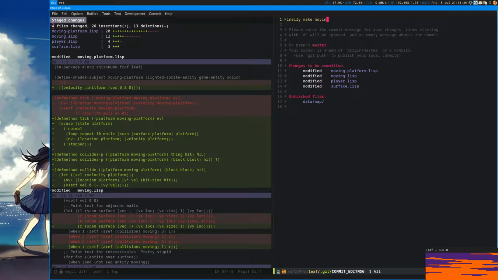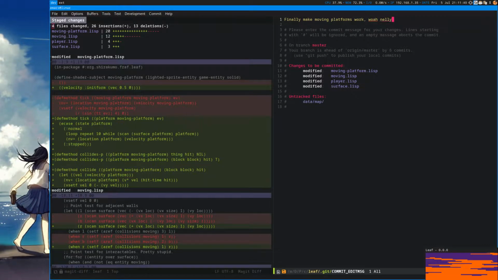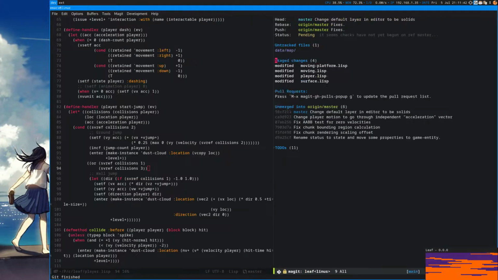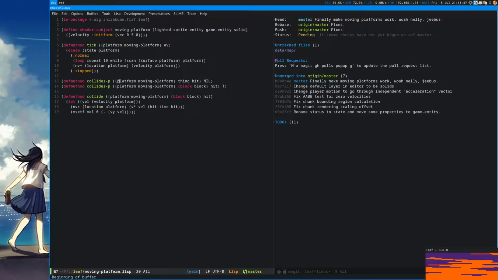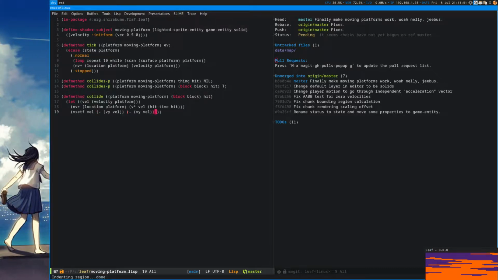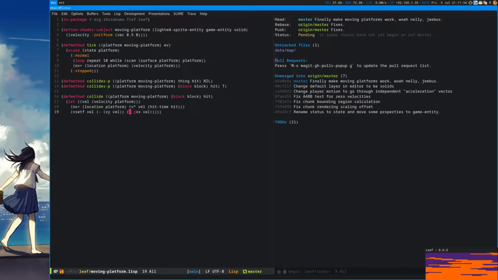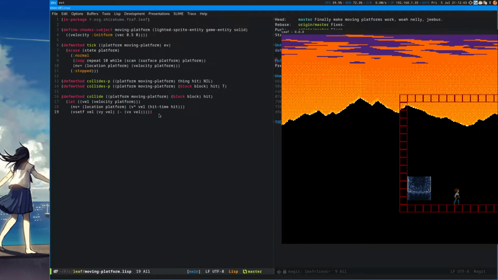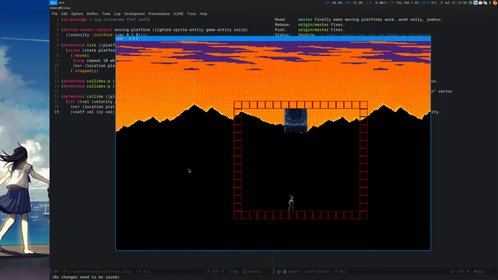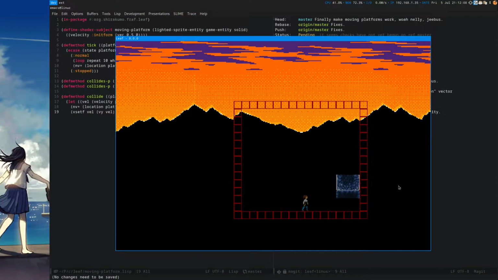Finally making platforms work. Actually, before I push that out, let me just check that I'm not bullshitting. That should be X. Okay, let's see it.